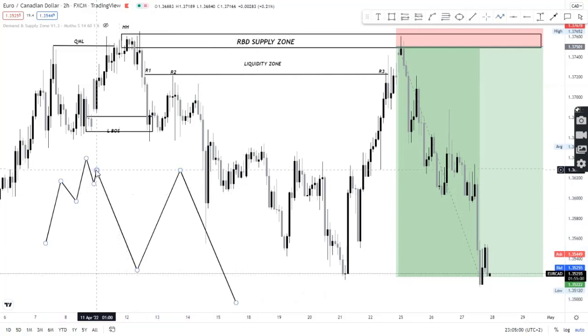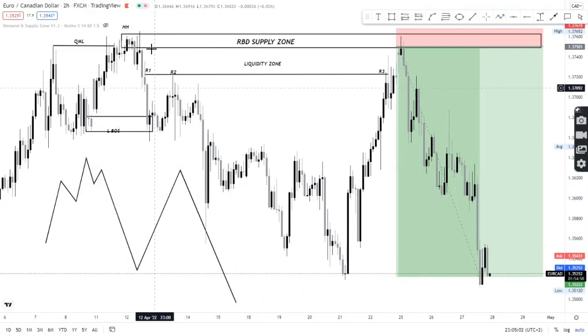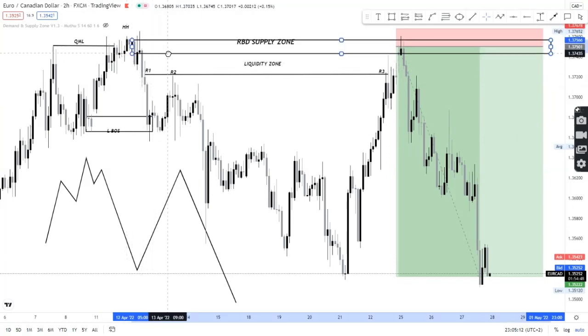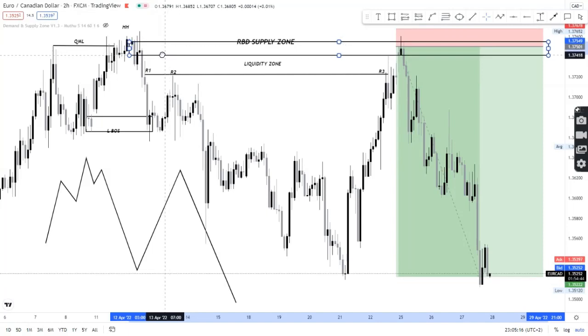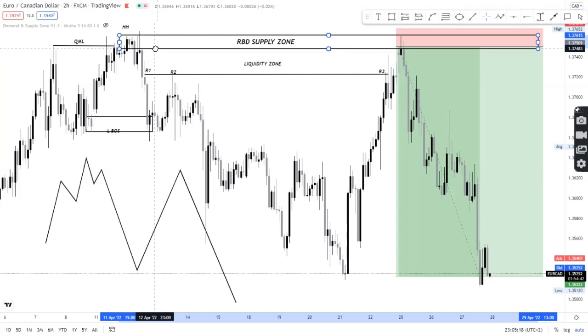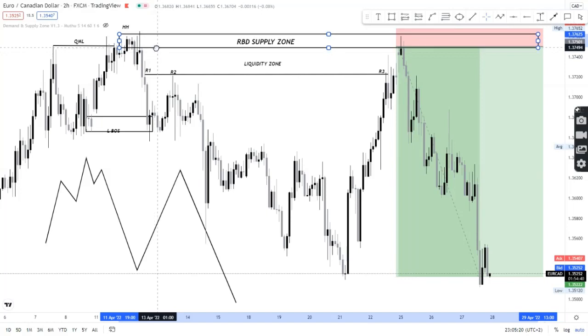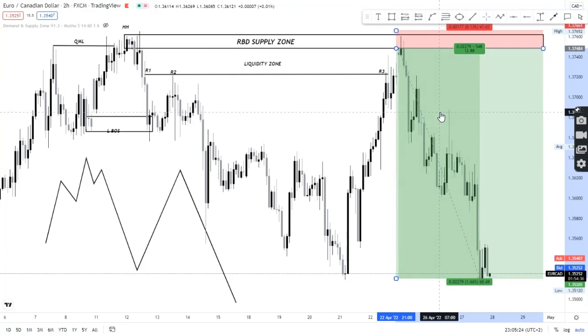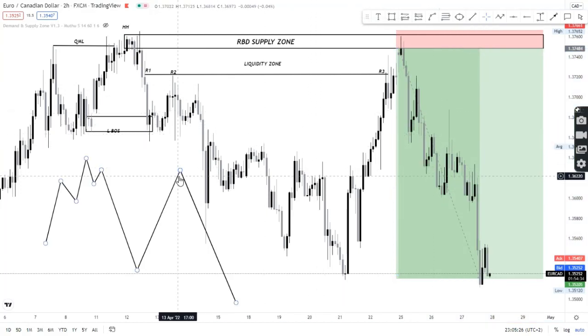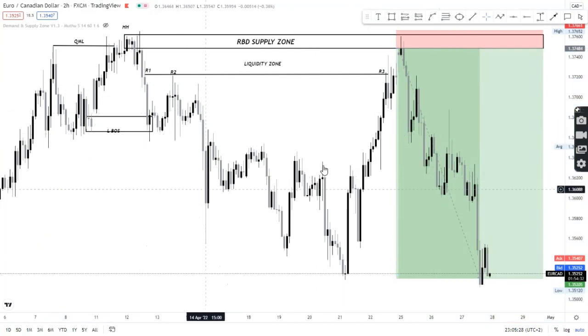So in this case, we really don't have a defined MPL. It would have been this one right there, where we had a drop, and the market goes up and then drops. So we would have waited for price to actually come to this level right there. However, according to my experience, it doesn't happen as often as people are expecting it to.